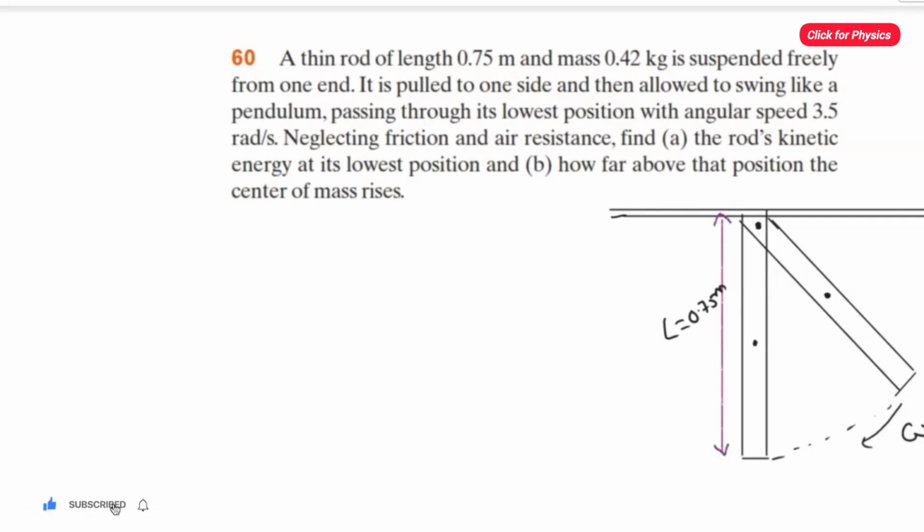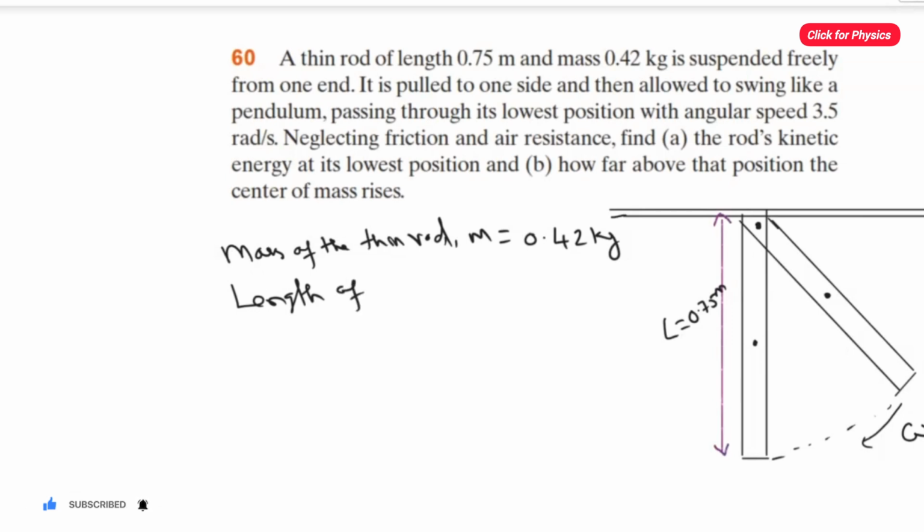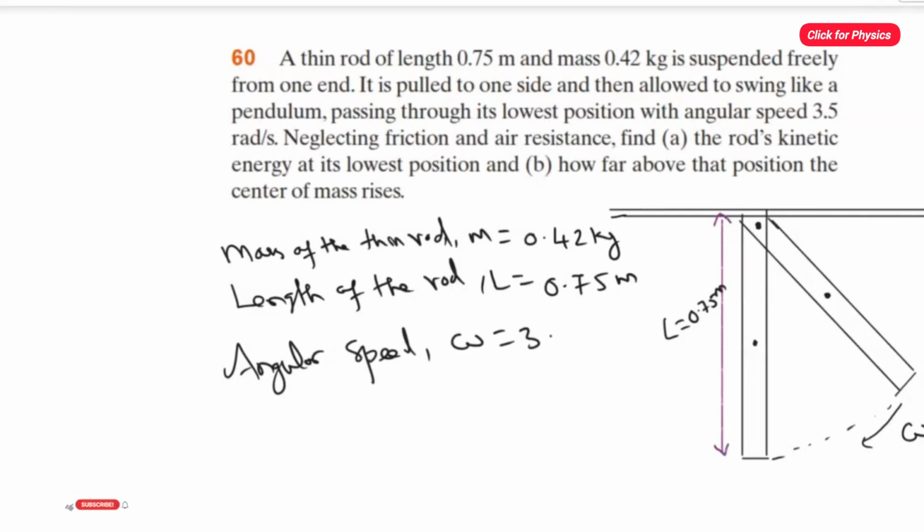So first of all, let's write the given first. The mass of the thin rod, m equal to 0.42 kilogram, and the total length of the rod L, which is equal to 0.75 meter, and also angular speed omega is given here as 3.5 rad per second.